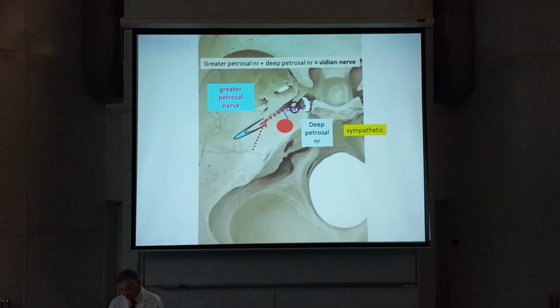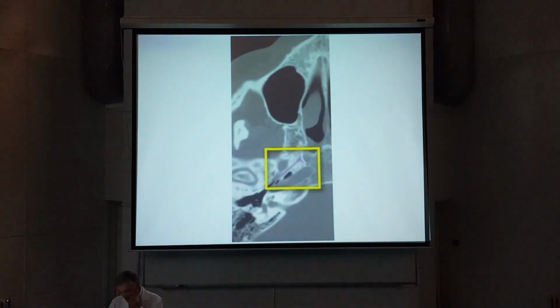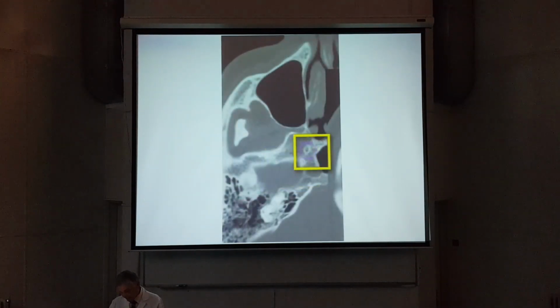It runs in the pterygoid canal of the sphenoid bone, ending up in the pterygopalatine fossa. This is the pterygoid canal. This is a cross-section of the canal.